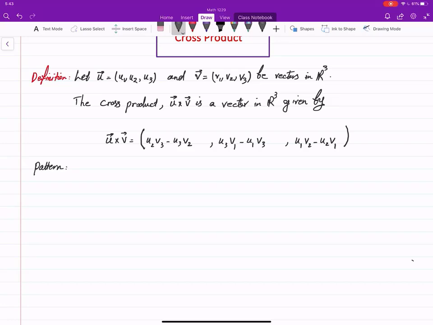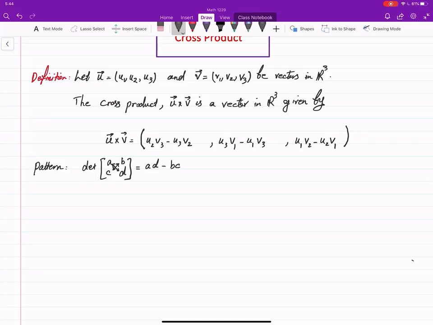To keep the pattern in mind, I need you to remember, maybe from somewhere, that when you have a 2 by 2 matrix, meaning that there are 4 entries A, B, C, D, then when someone says determinant of that 2 by 2 matrix, it means that you multiply the entries on the main diagonal, A times D, and then multiply the entries on the off diagonal, B, C, then subtract.